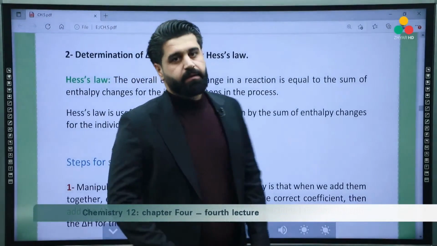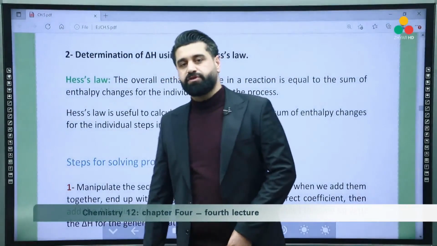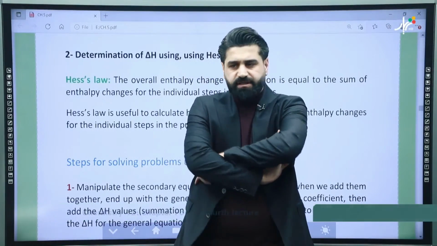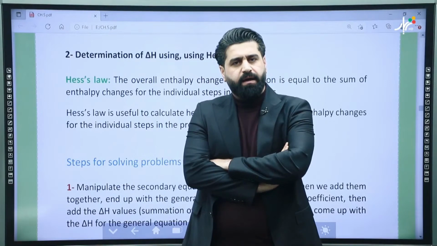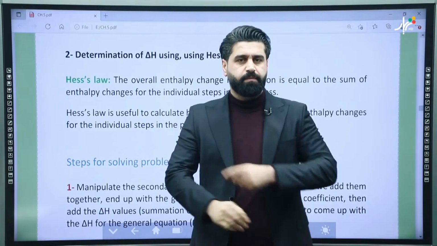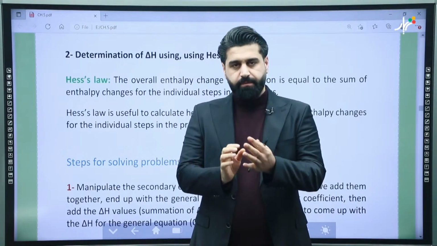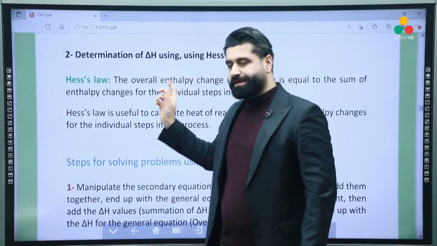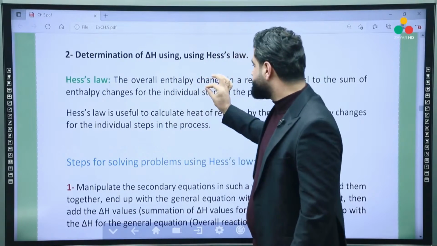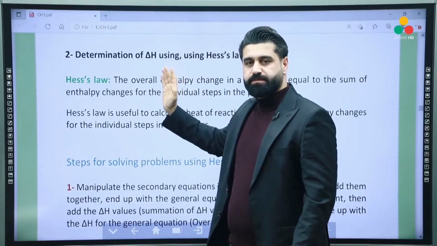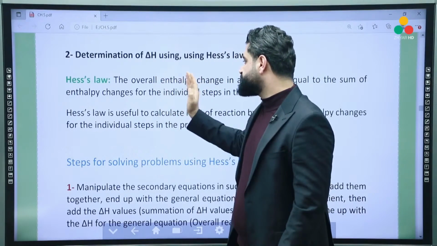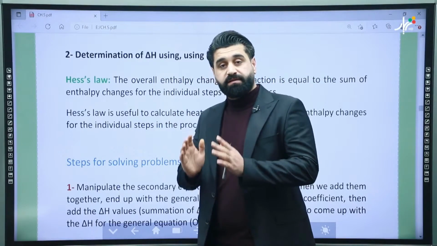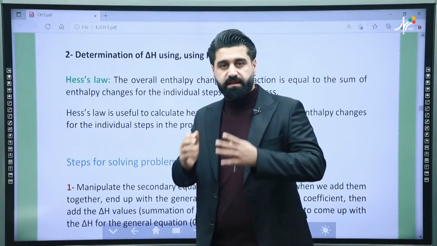Hopefully you remember last lecture when we talked about determination of enthalpy of reaction, what we have to do at the first step. If you remember, we looked at the question given: if we see delta HF for a reaction participant or any reaction component, that means we have to follow determination of enthalpy according to the delta HF.